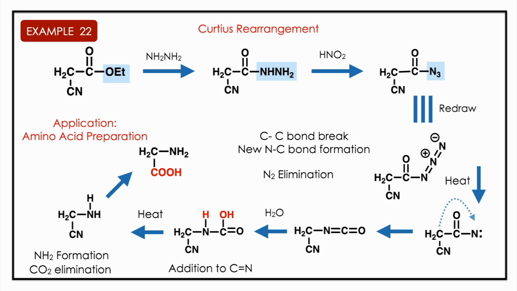Then water addition. Water addition leads to CO2 removal because of its instability, forming the amine. Then you are doing acid hydrolysis where cyanide becomes COOH, which is basically an amine with acid. It is the amino acid. The concept you outlined here is Curtius rearrangement plays an important role in amino acid preparation.